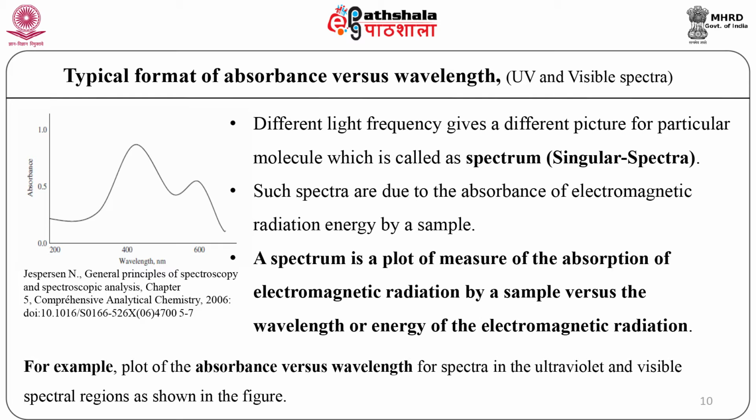A spectrum is a plot of a measure of the absorption of electromagnetic radiation by a sample versus the wavelength or energy of the electromagnetic radiation. For example, it is general practice to plot the absorbance versus wavelength for spectra in the ultraviolet and visible spectral regions, which is also shown in the figure.